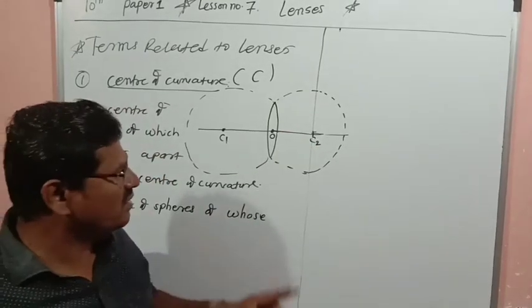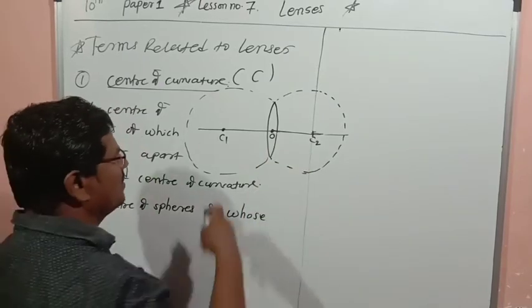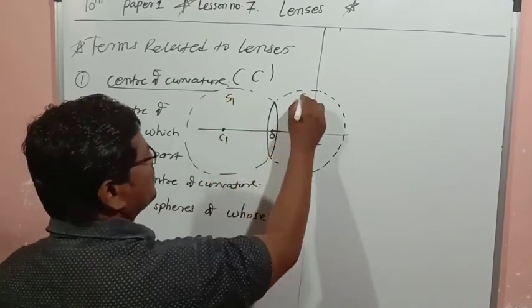Second definition: centers of spheres. Suppose two spheres are there, this one is S1 and this one is S2.